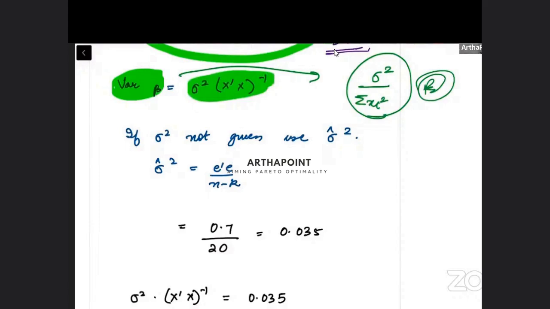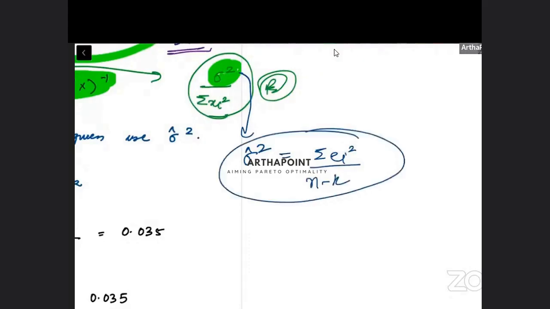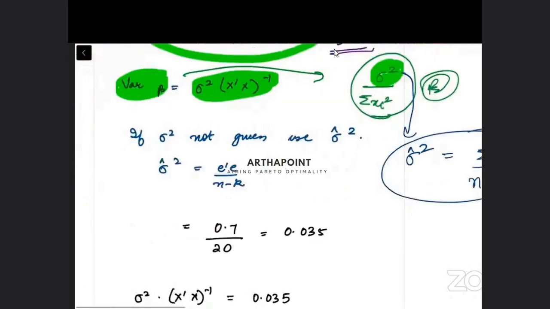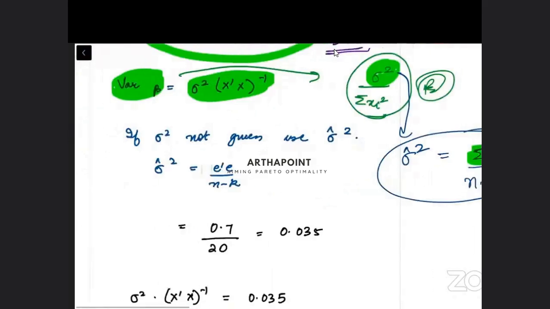But do you remember that when sigma squared was not available, instead of sigma squared you were using sigma hat squared, and sigma hat squared was summation e_i squared upon n minus k, where k was the number of parameters. That was its formula. So in the same way we can write it here too. Summation e_i squared we will write as e transpose e upon n minus k.